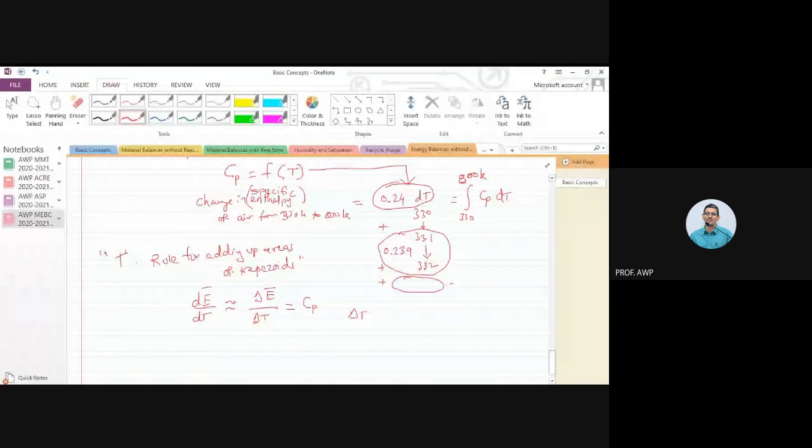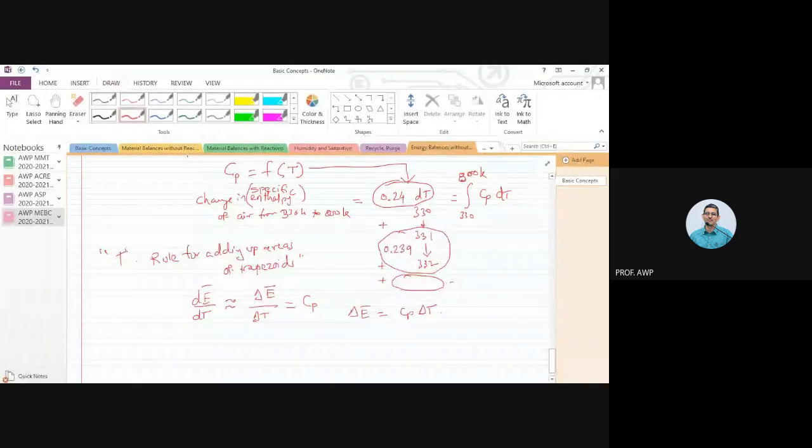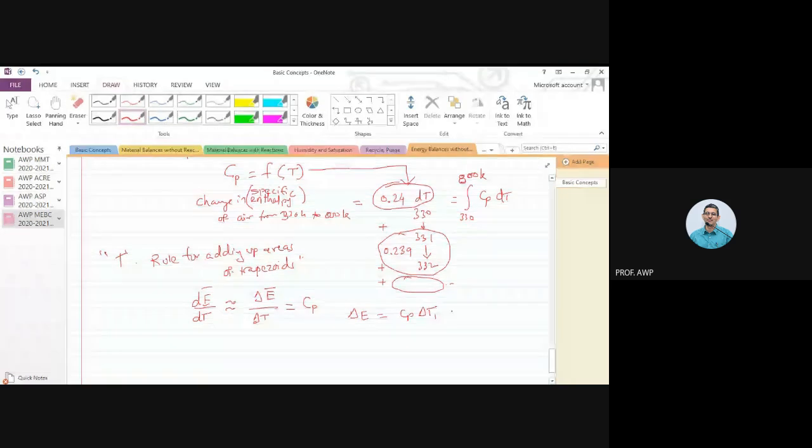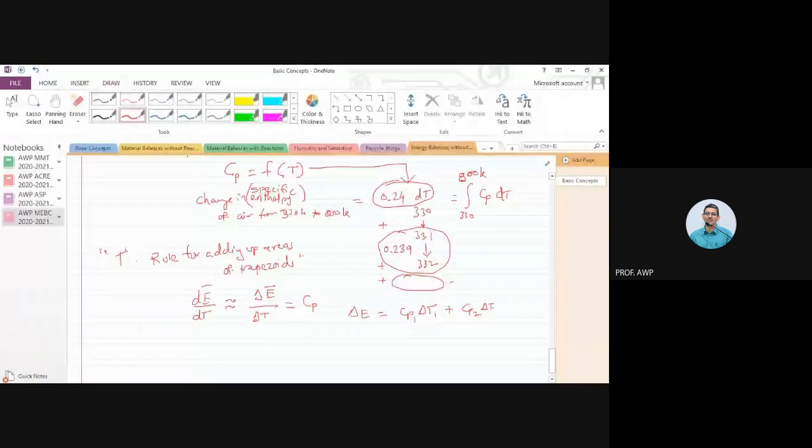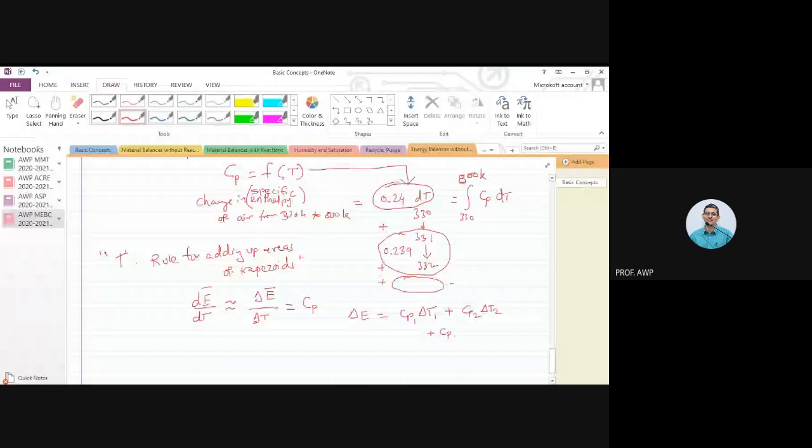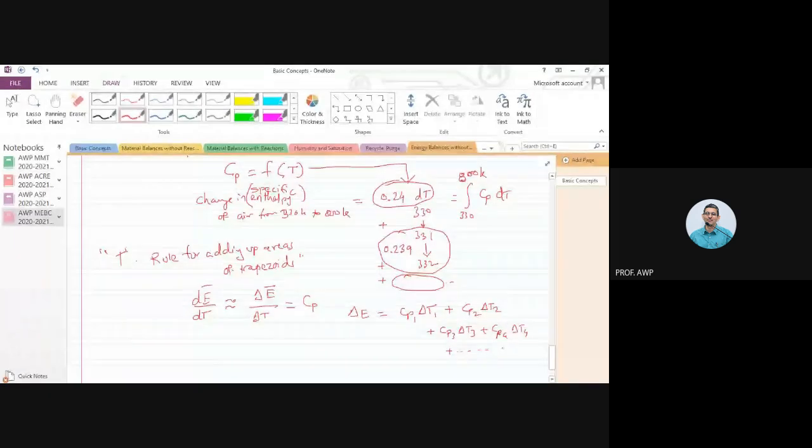So delta E bar is Cp delta T, and we have just added up all these delta T's. So the total change of specific enthalpy would be just Cp1 delta T1, plus Cp2 delta T2 for the second trapezoid, plus the third trapezoid, the fourth trapezoid, and so on.